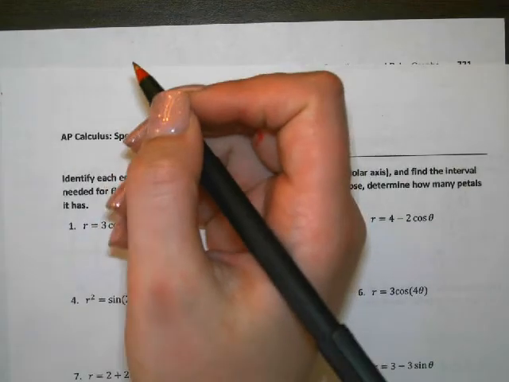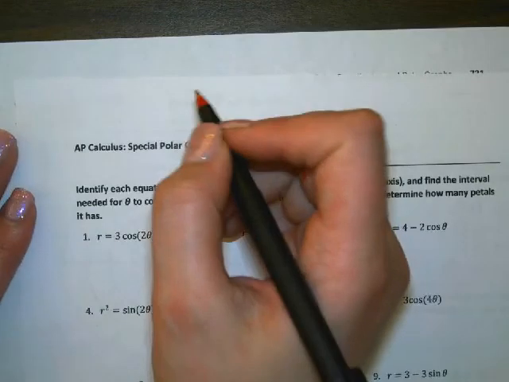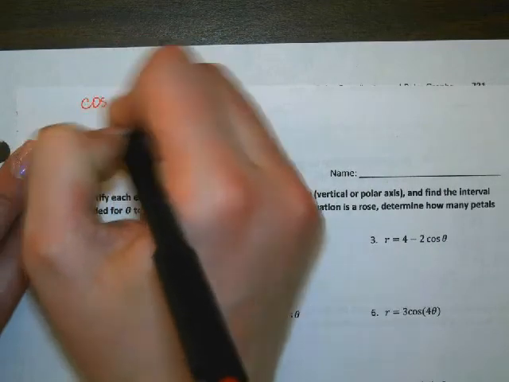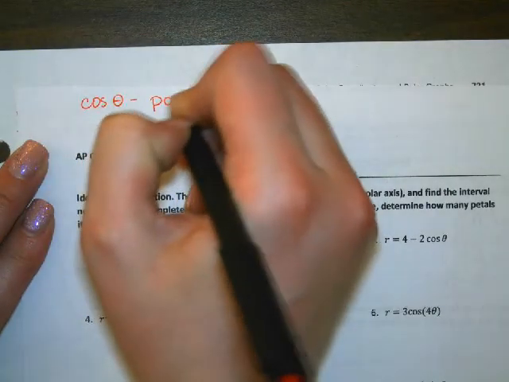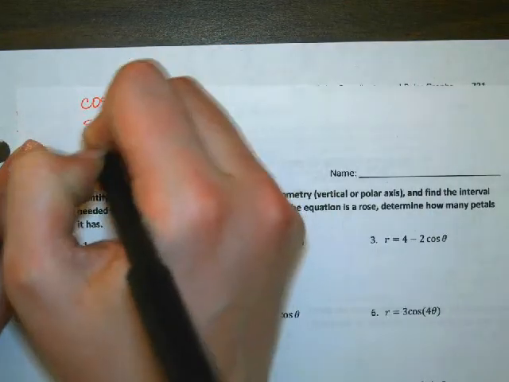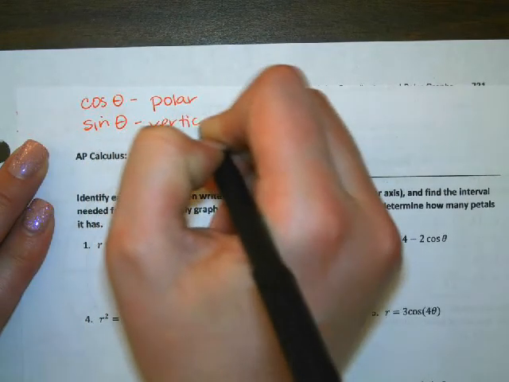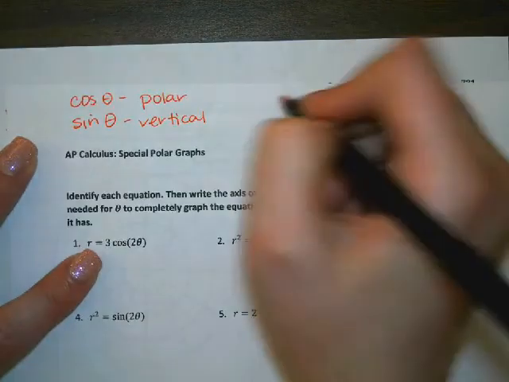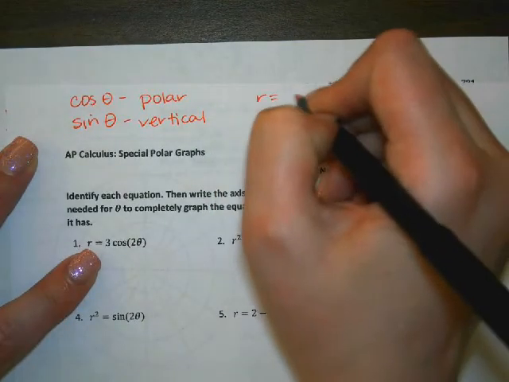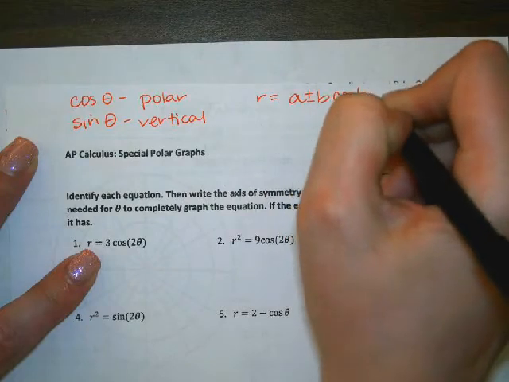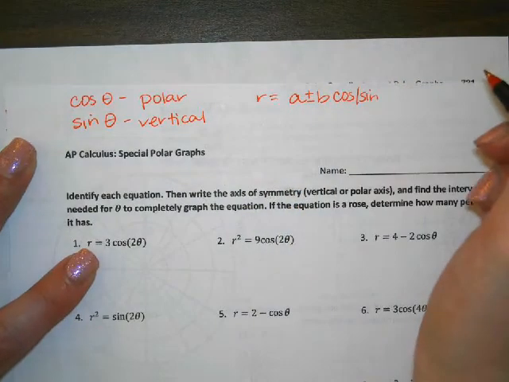So here are the things that I wrote at the top of my paper just to get it in my memory. I wrote cos theta means that it's on the polar axis. I wrote that sine theta was the vertical axis. I wrote that r is a plus or minus b and that this would be cos or sine, that it doesn't really matter.